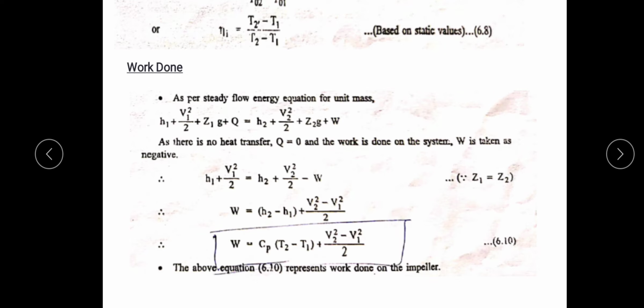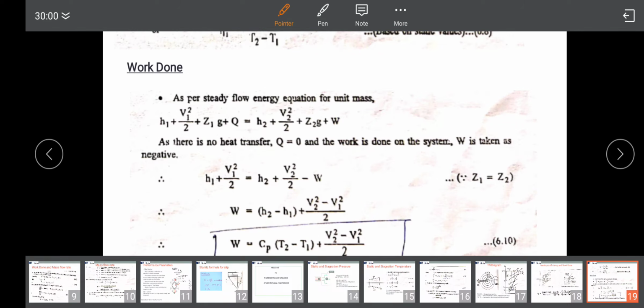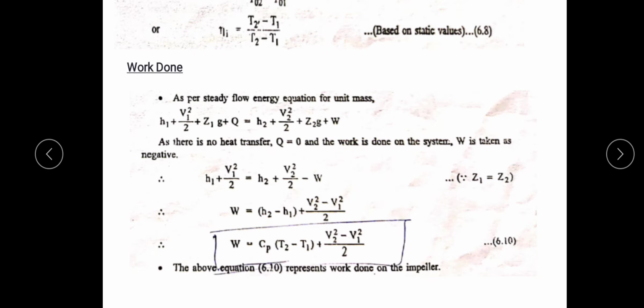Datum head is constant, so z1 is equal to z2, q is equal to 0, minus w. Then h1 plus v1 square by 2 is equal to h2 plus v2 square by 2 minus w, and by simplifying we get the final equation: w is equal to Cp (T2 minus T1) plus (v2 square minus v1 square) by 2.